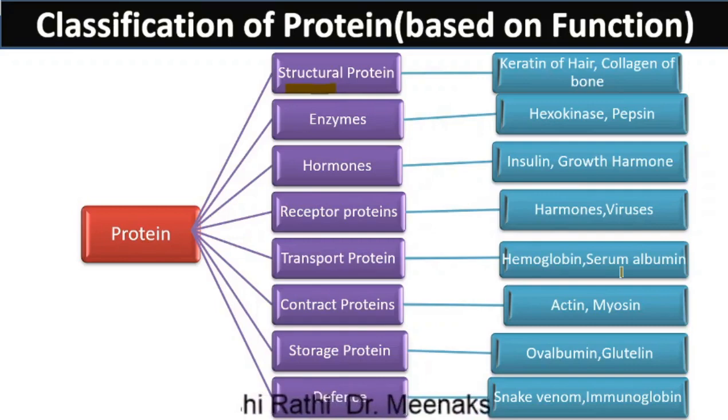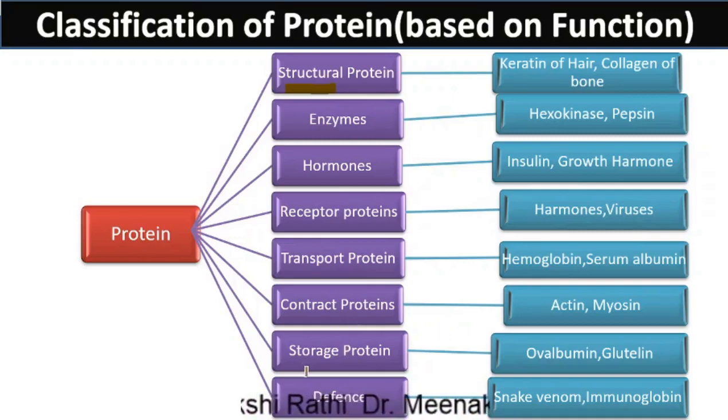Serum albumin is also a transport protein. Contractile proteins are elastic in nature and help in the contraction and relaxation of the muscles, like actin, myosin. These proteins are present in our eyelids so that we can open and close our eyelids.